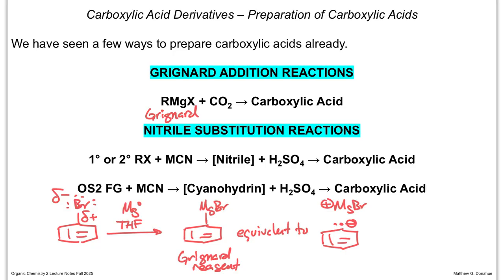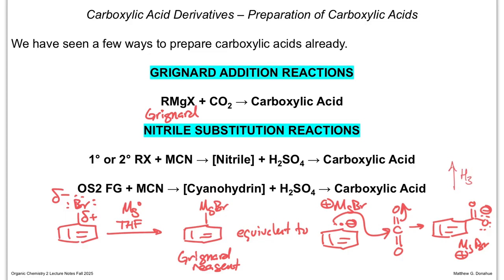So we can generate that. We can then bubble in CO2 gas. So that's a nucleophilic addition. And it makes this intermediate that we can protonate when we add acid to it.